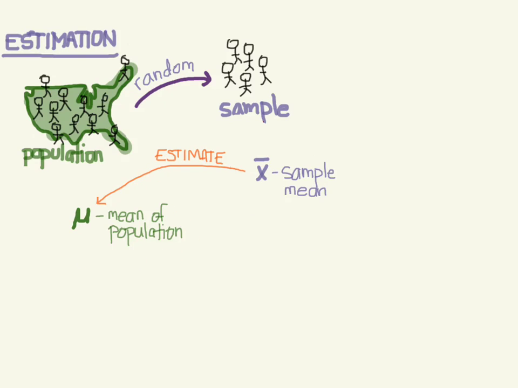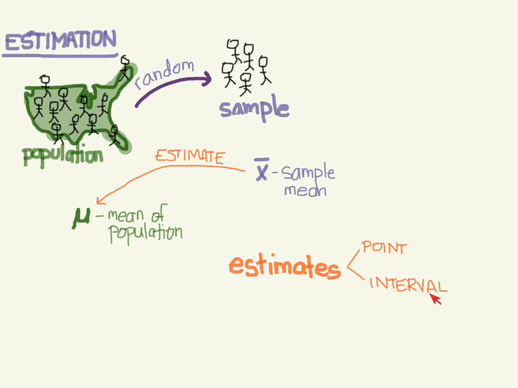Now there's two different ways we can estimate. There's two different kinds of estimates. There are point estimates and interval estimates. With point estimates, you end up with one single number that is going to represent the value you're trying to estimate, in this case, the mean.